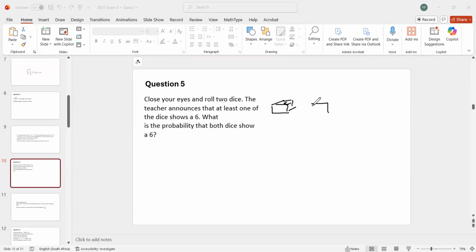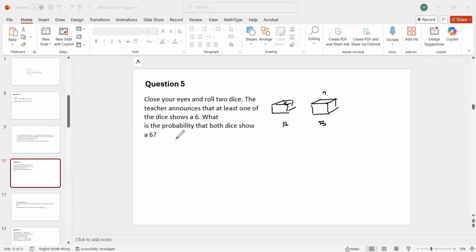You don't know what the other one is. So what is the probability that both dice show a 6? Okay, so you got 2 dice, remember there are 2 different dice. They're not the same dice. Like for instance, 6 and 1 is not the same as 1 and 6.